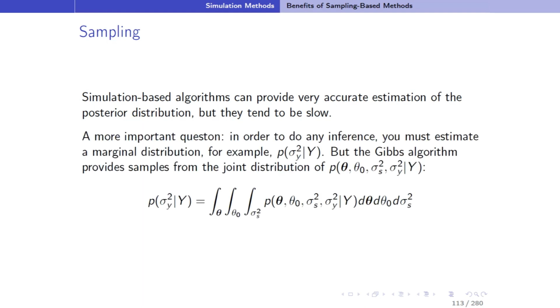The simulation-based algorithm can provide these benefits, but they just tend to be slow. A more important question is, when you do inference, what you want is a marginal distribution. If the interest is in the variance, you want the posterior distribution of the variance, P of sigma square y given y.